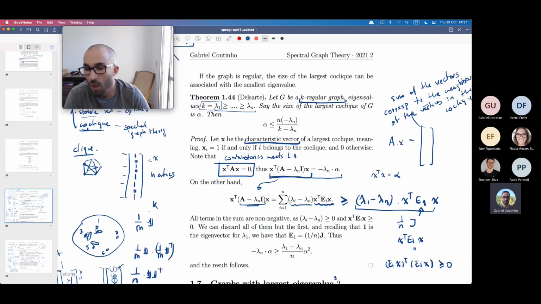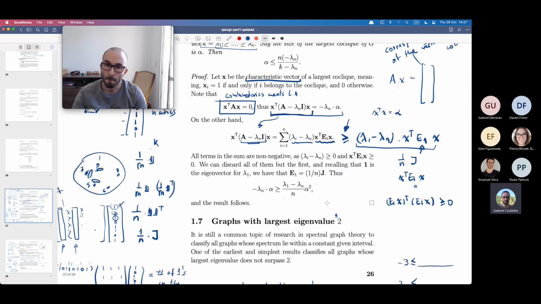So for equality to hold here, you need, so where is the inequality? The inequality is here, right? This is the moment that I threw things out and I created an inequality. So equality is met here if all the things that I threw out are 0.